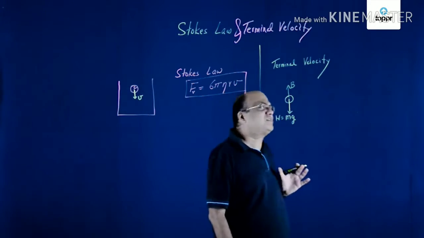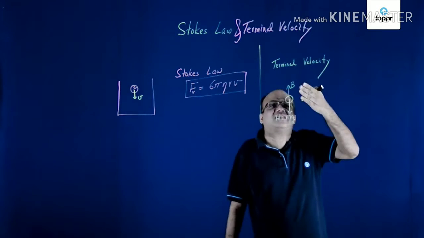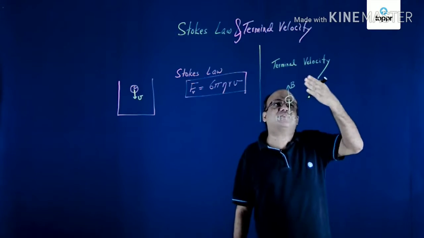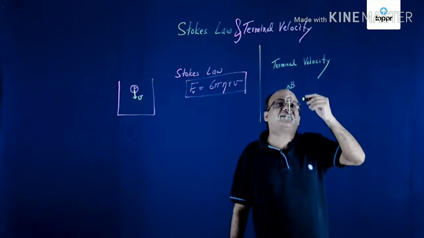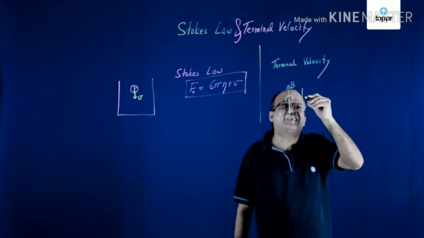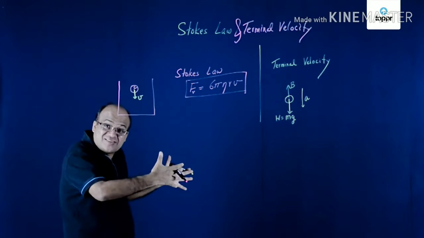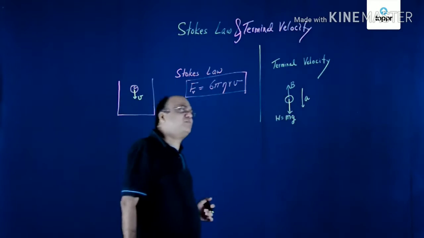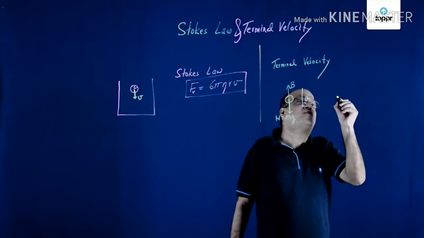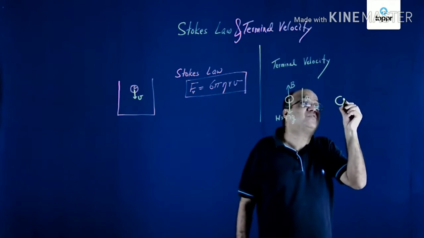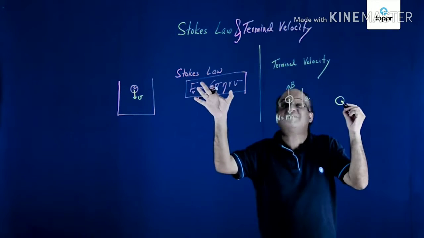As the body starts moving down, if mg is greater than B, that is, the weight is more than the buoyant force, this body will accelerate downwards. As it accelerates downward, it picks up velocity. As it picks up velocity, the viscous force increases, because viscous force depends on velocity.